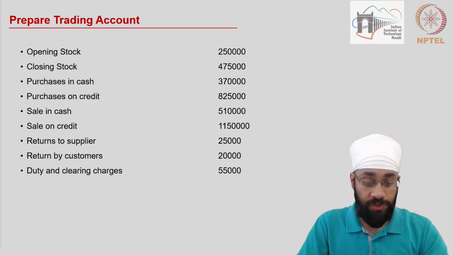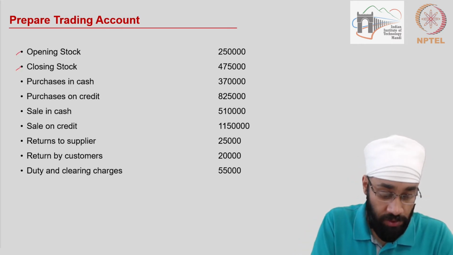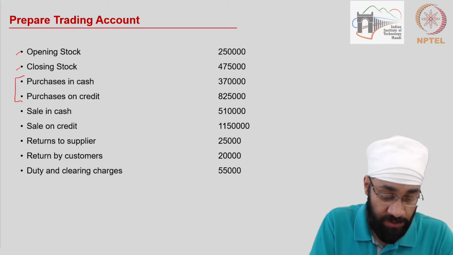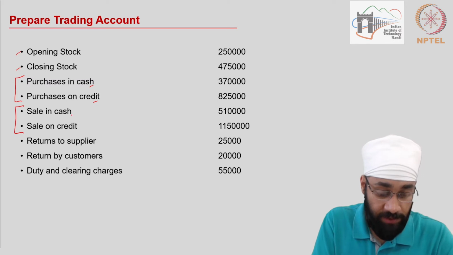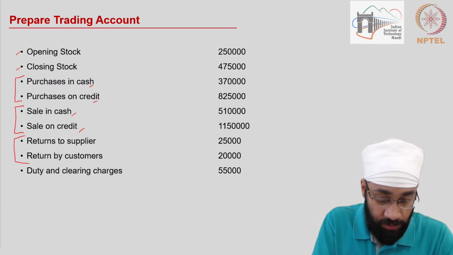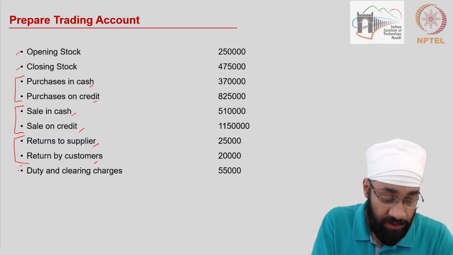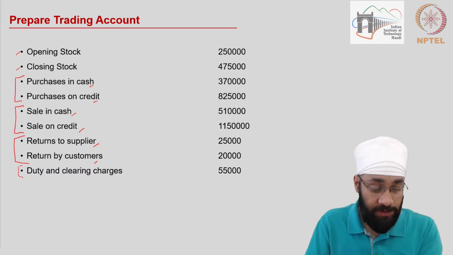On the screen, you see a list of items. There is opening stock, closing stock. You have two types of purchases given to you, cash and credit. Then you have sales given to you, cash and credit. Then there are returns to the supplier and return from your customers to you. And there are duty and clearing charges.